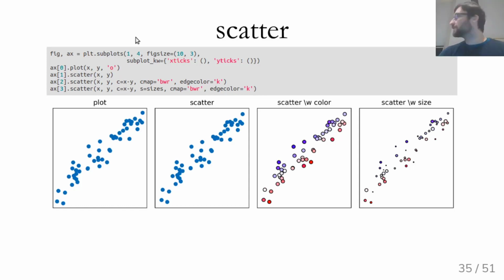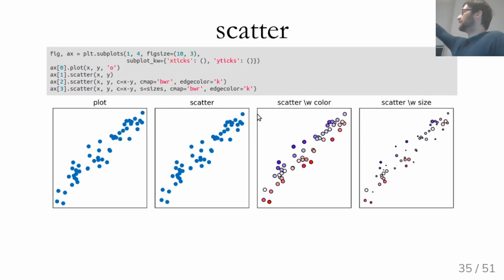But what scatter can also do is you can change the color. So if you want to do a continuous variable, or if you want to plot categorical variables, like color by class size, or by class identity, you can set c.